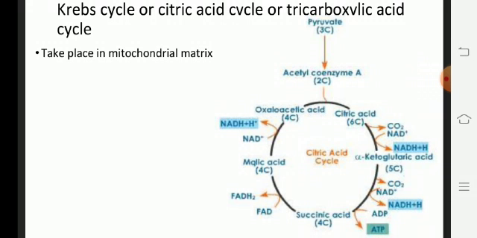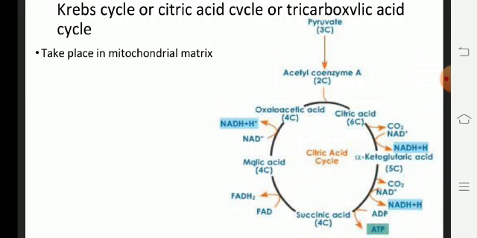Inside the mitochondria there is a liquid matrix, called the mitochondrial matrix, and the inner surface of the mitochondria contains knob-like structures called the F1 particles. We are already well aware of the structure of mitochondria. This Krebs cycle takes place in the mitochondrial matrix.